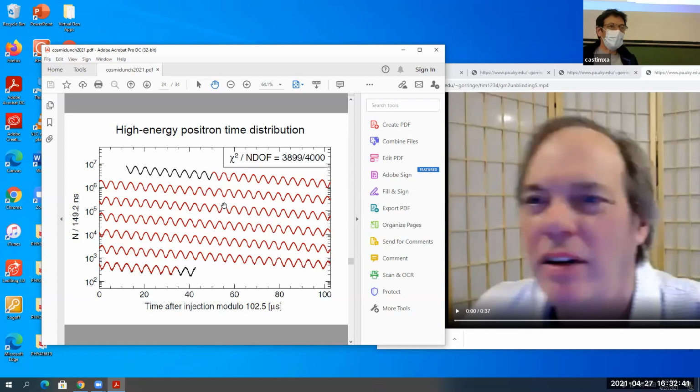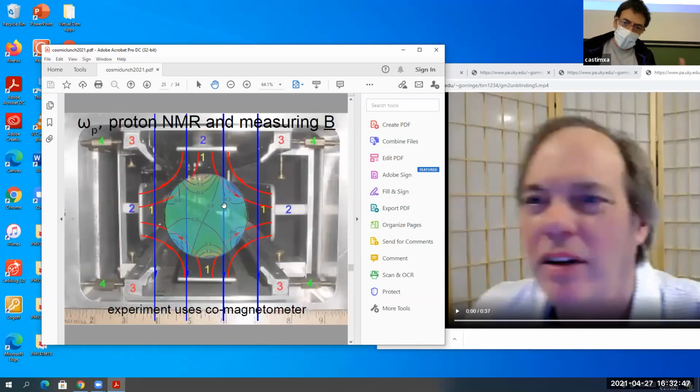And if we know the magnetic field, we can calculate the anomalous magnetic moment. So we have to know the magnetic field. I won't go into the details of measuring the magnetic field, but it is measured extraordinarily precisely. We have hundreds of NMR probes. NMR probes are devices you can use to measure magnetic fields.